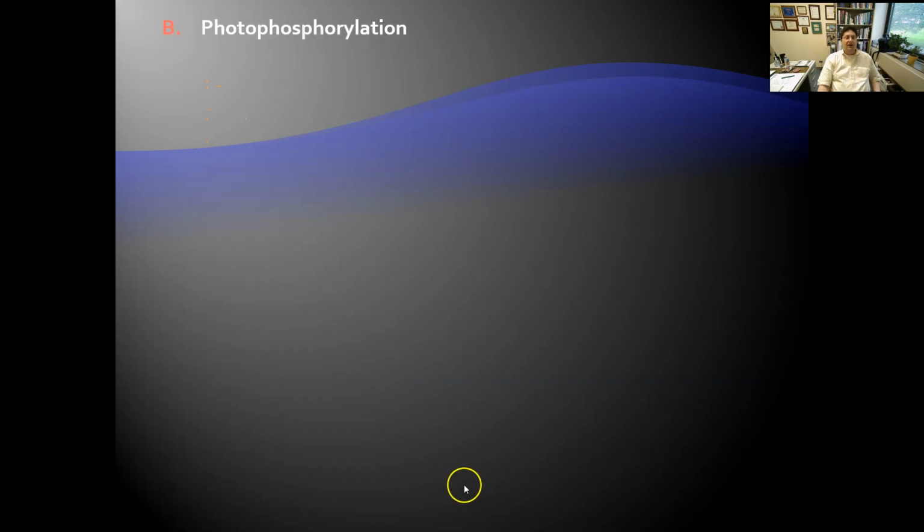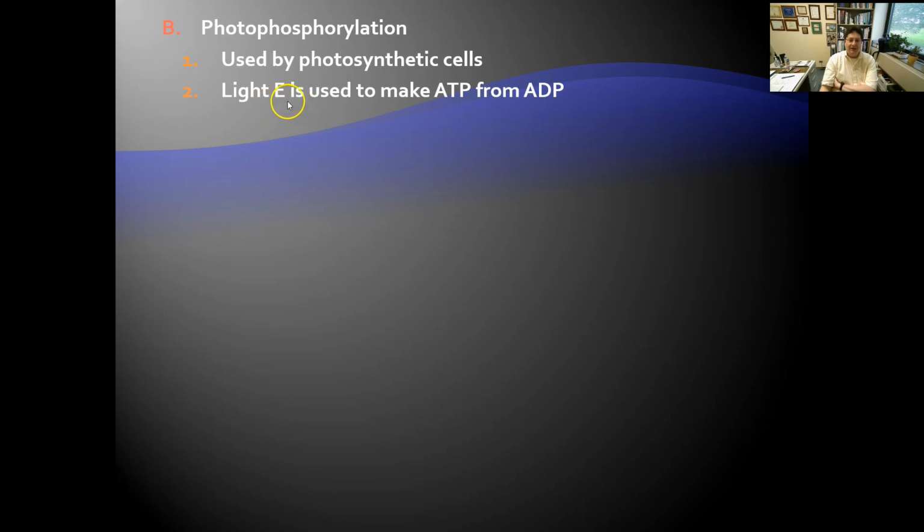All right. Another way to produce or store ATP is photophosphorylation. Now, photo always refers to photosynthesis, so we're going to be talking about that here. Photophosphorylation is used by photosynthetic cells. Light energy is used to make ATP from ADP.